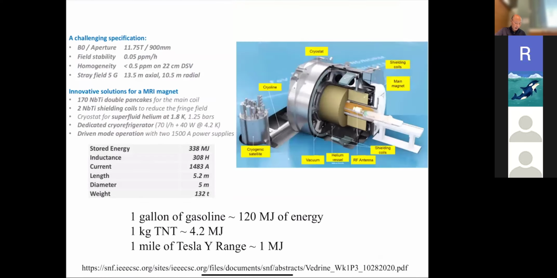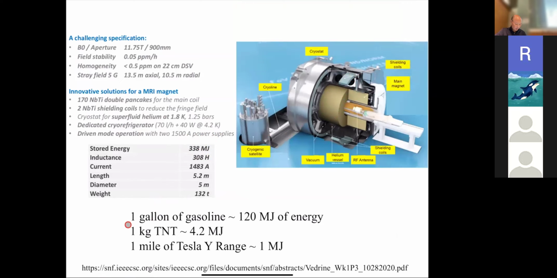This is a cutaway of that big magnet, and the stored energy. We'll just look at one thing here: it's got 338 megajoules of energy in it, okay? Which seems like a big number, but it's equal to about maybe 3 gallons of gasoline, okay?